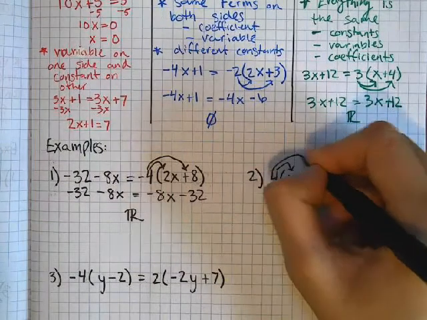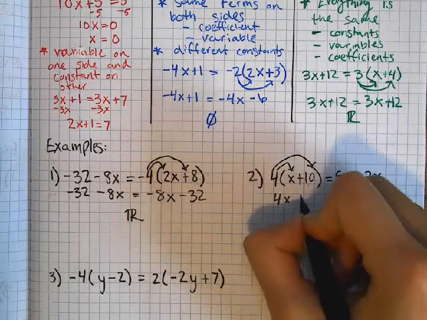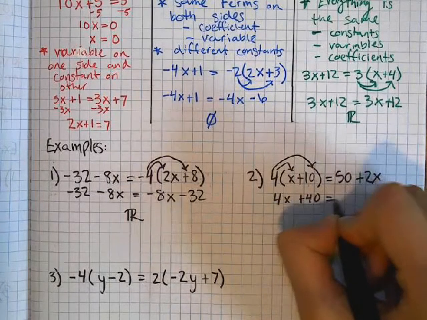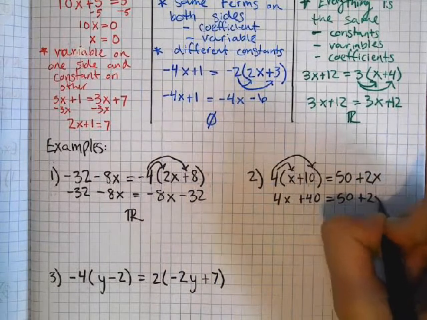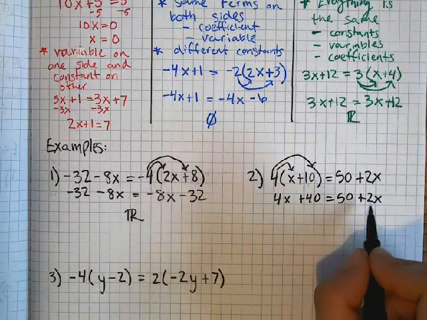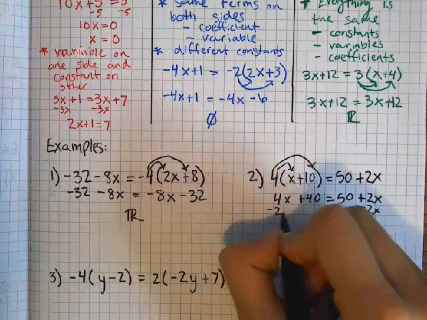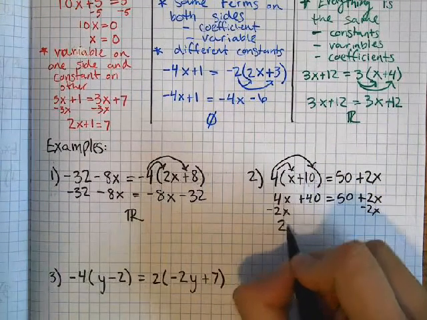Okay, moving on to our next one, go ahead, distribute both sides, or distribute that 4. We might have to do a little more work on this problem. Okay, so here we want to get our variables on one side, so I'm going to subtract my 2x.